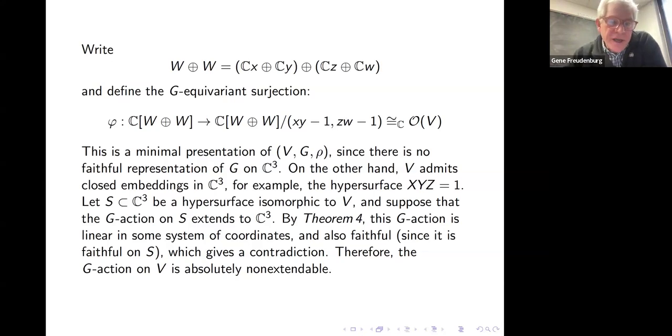And suppose further the G action on S extends to all of C3, then by the theorem I quoted above, this G action is linear in some system of coordinates and also faithful since it's faithful on S, but this gives a contradiction. So the G action on V is absolutely non-extendable in the sense that I defined.